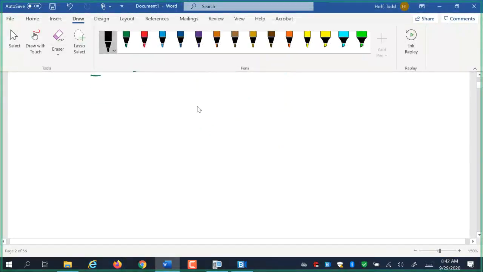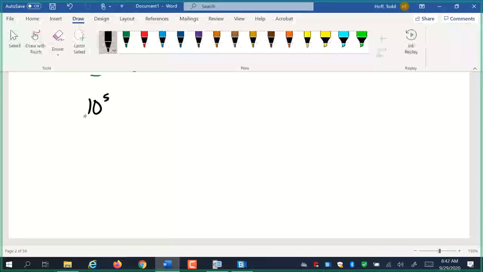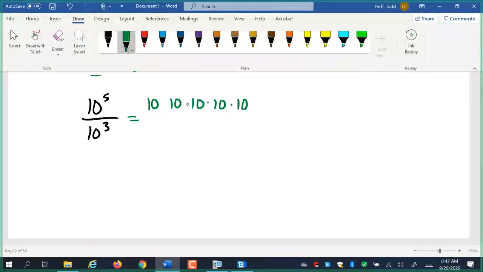Well, the next task that we can combine looks like this. We might have 10 to the 5th divided by 10 to the 3rd. Well, again, 10 to the 5th is 5 tens multiplied together. 10 to the 3rd is 3 tens multiplied together.